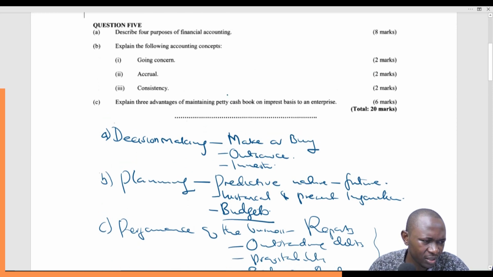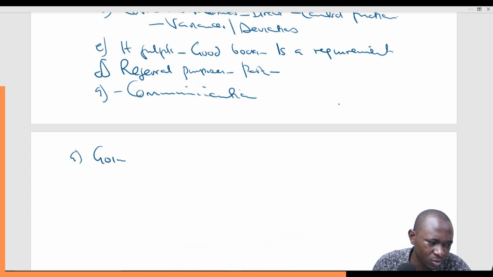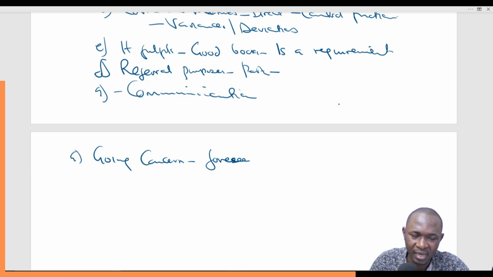Then explain the following accounting concepts. Going concern. Now, what is going concern? Going concern is simply an accounting concept that means that we do not foresee a future that will possibly lead to failure.